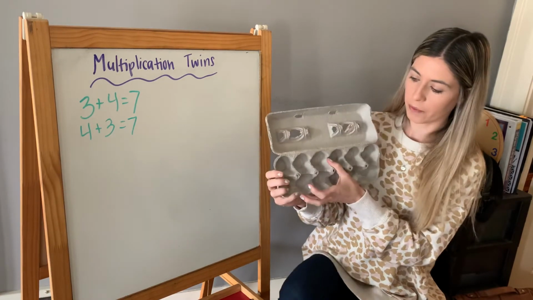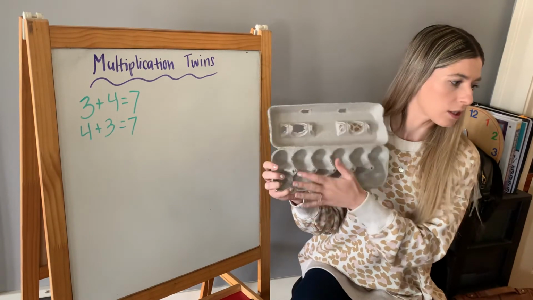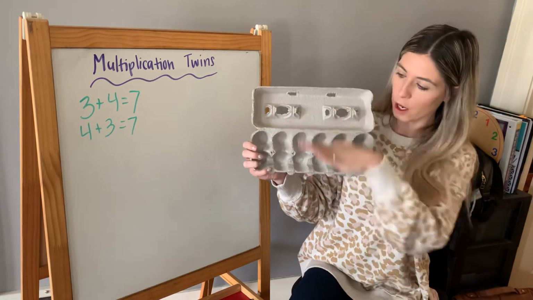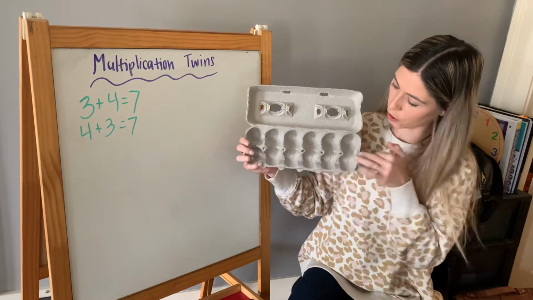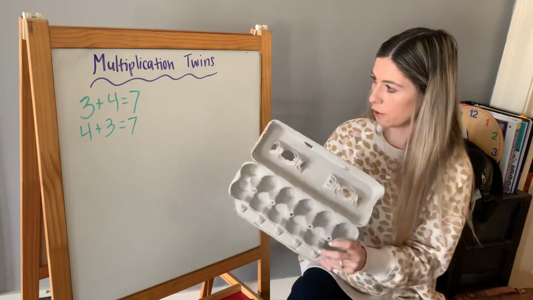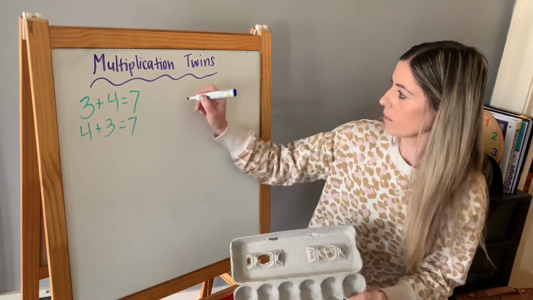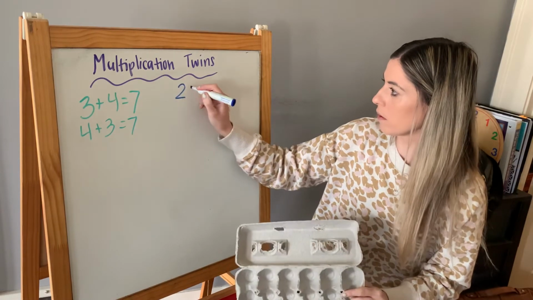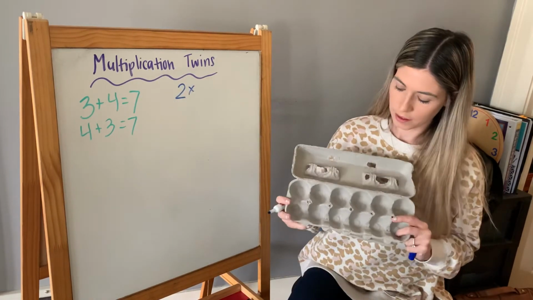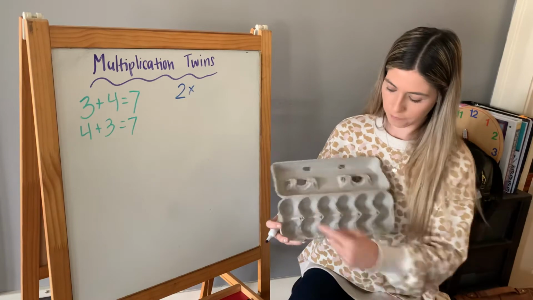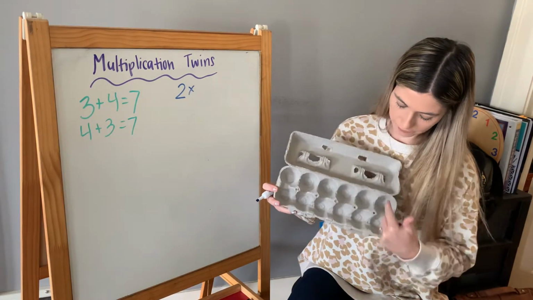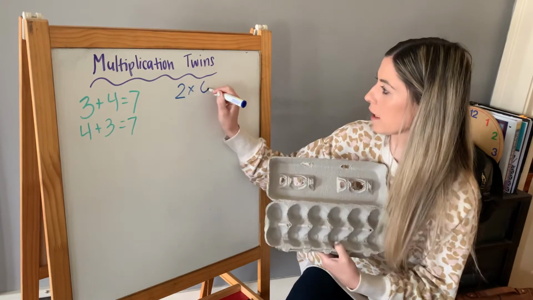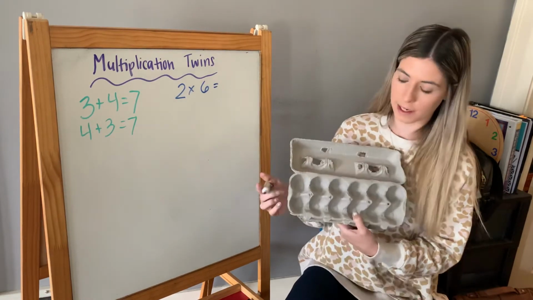here. So first, let's look and say, how many rows do we have this way? We have 1 row here, 2 rows here. So we have 2 rows, 2 times, how many columns do we have? We have 1, 2, 3, 4, 5, 6. 2 times 6 equals, I know the answer.